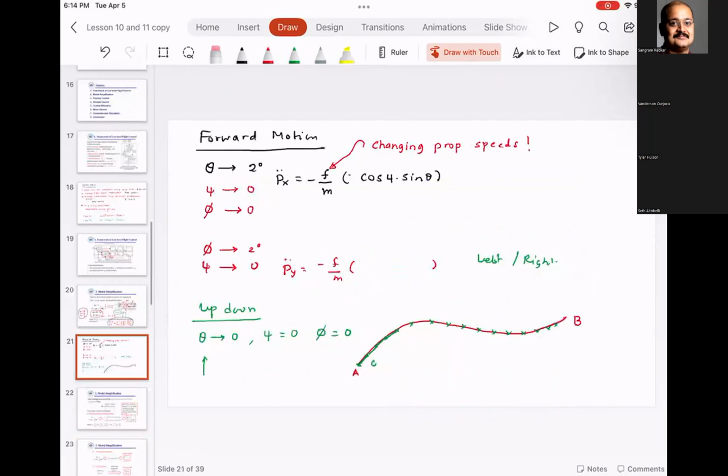Now, in the last class, I talked about this, and I just want to tell you that there is no such thing as negative PWM. So when you want to pitch forward or pitch backward, you change the velocities of the appropriate rotors, and that will achieve the Mambo moving forward or moving backward.